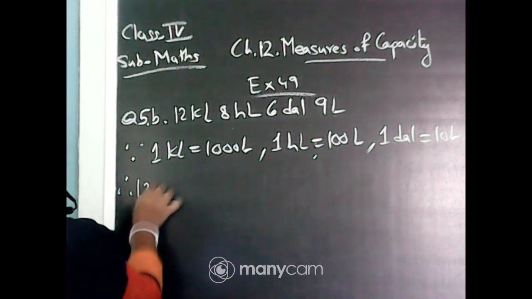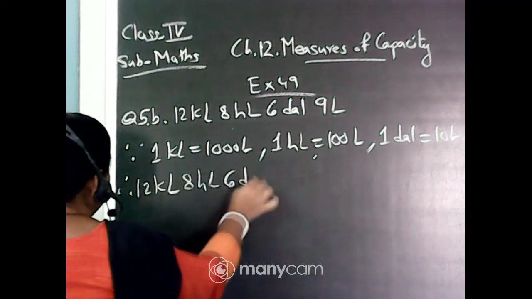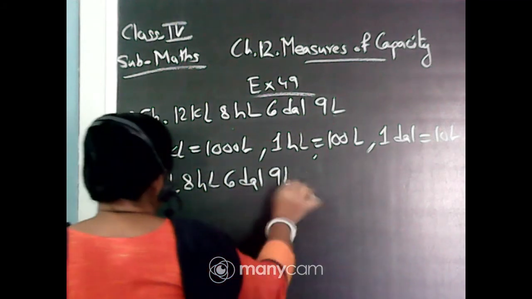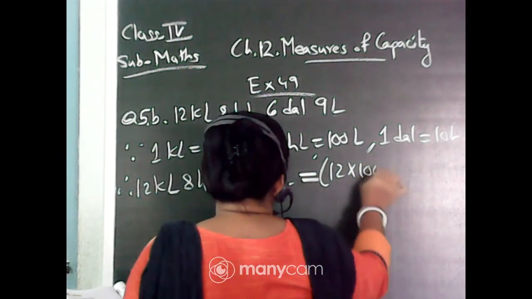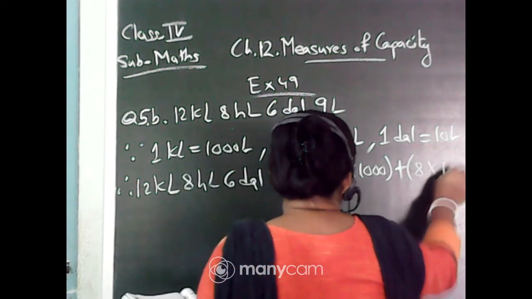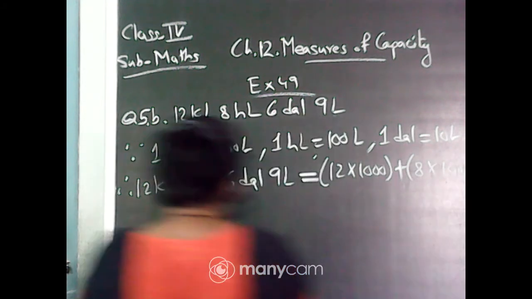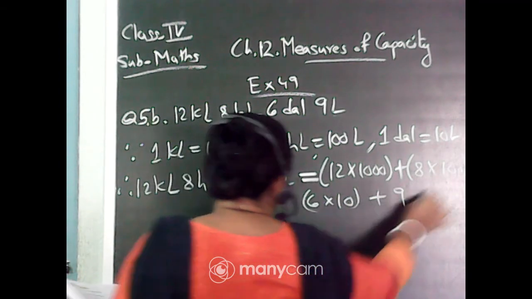Therefore 12 kiloliter, 8 hectoliter, 6 decaliter and 9 liter is equal to, first one 12 into 1000 plus second one 8 into 100 plus third one 6 into 10 and plus 9 liters.